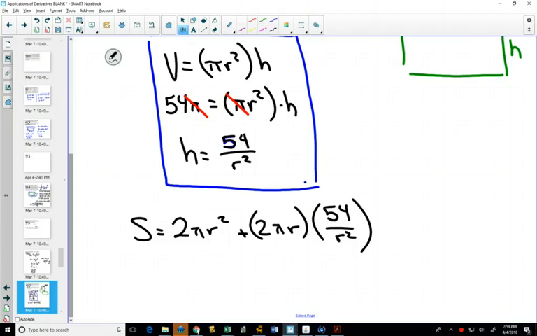And simplifying this completely, we'll get 108 pi over r, which is what we were asked to show.